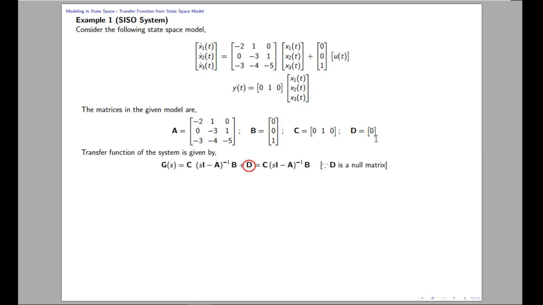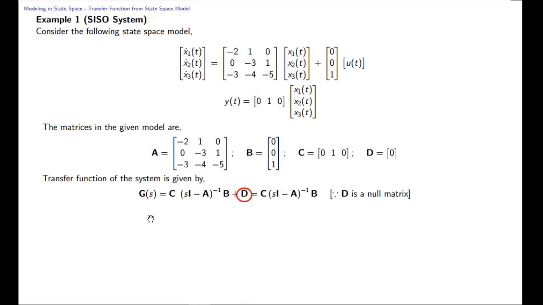So there is no D matrix, so I can take the D matrix as 0. Okay. So we know that the transfer function of the system is given by this expression C into inverse of SI minus A into B plus D. Since D is 0, since it is a null matrix, the expression reduces to this term.